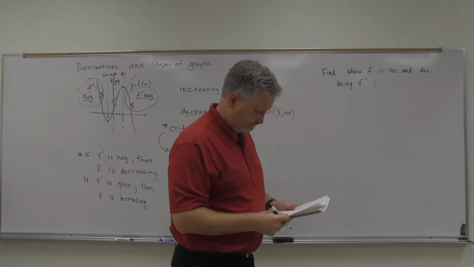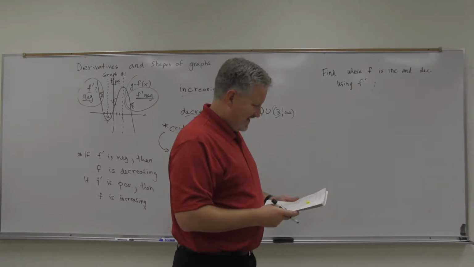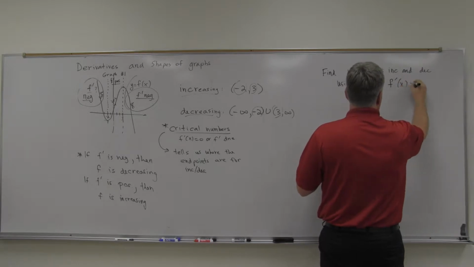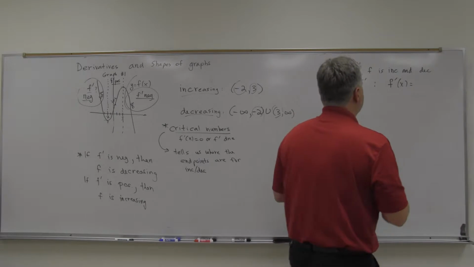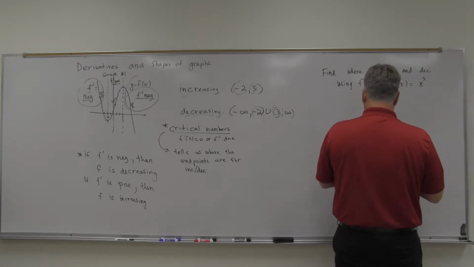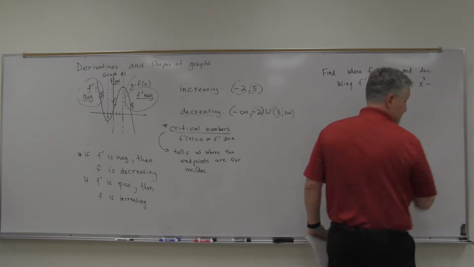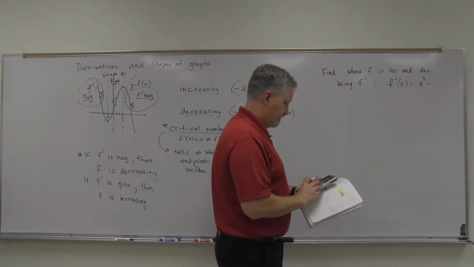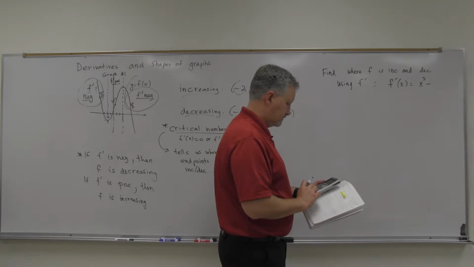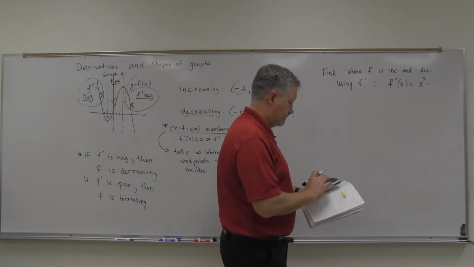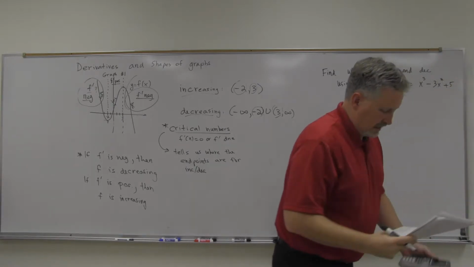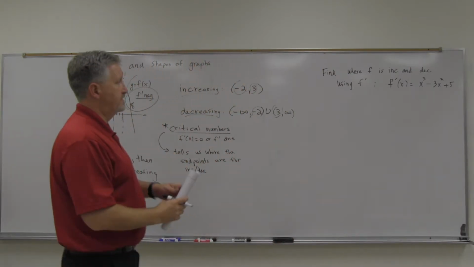F of x equals x cubed minus 3x squared plus 5. Find where that function is increasing and decreasing using f prime.